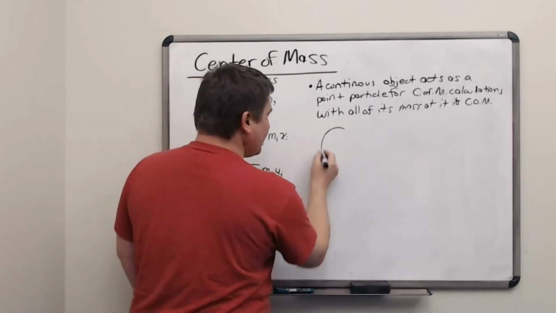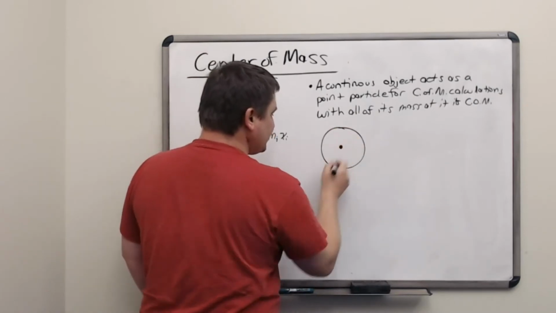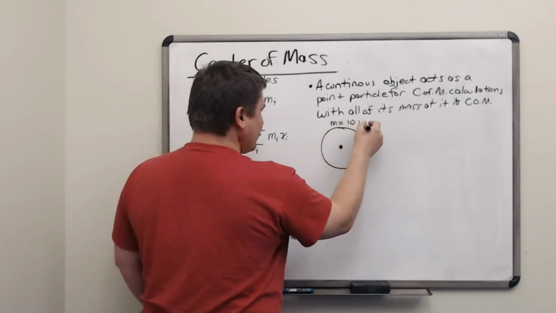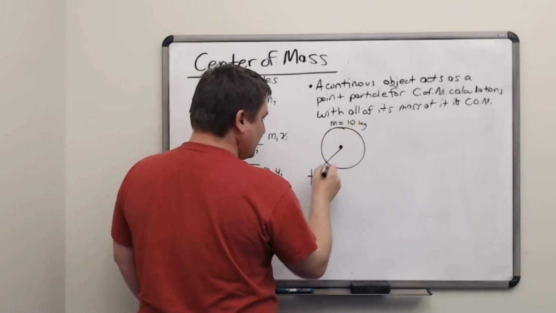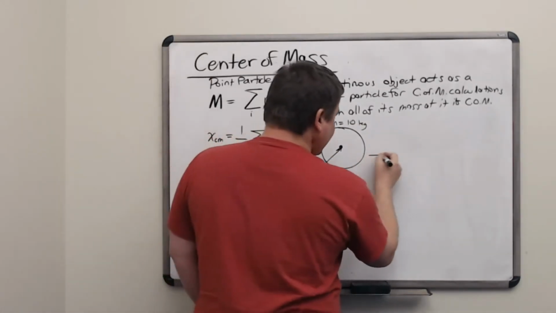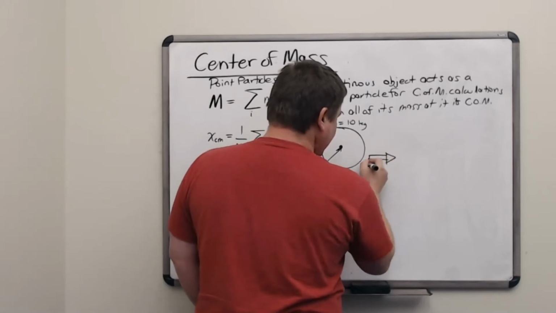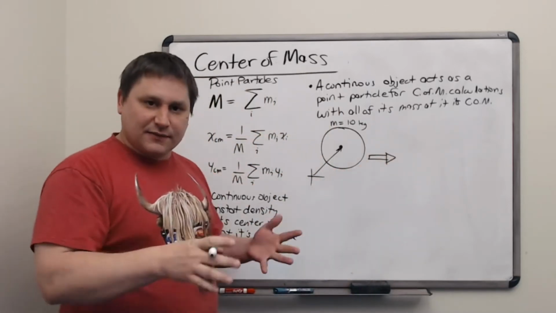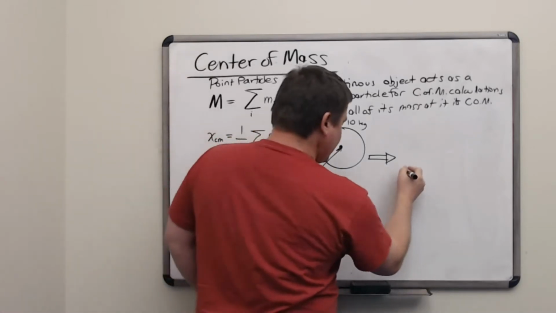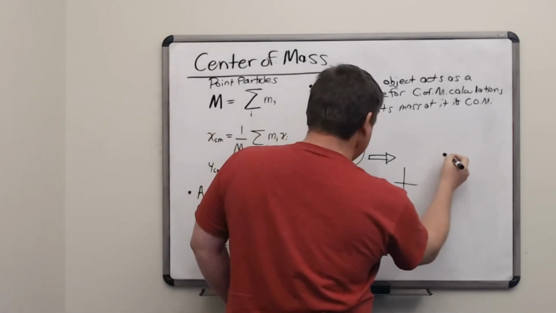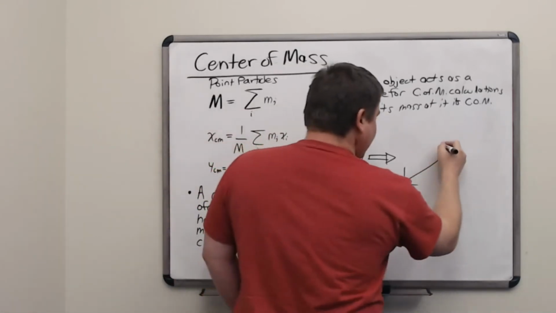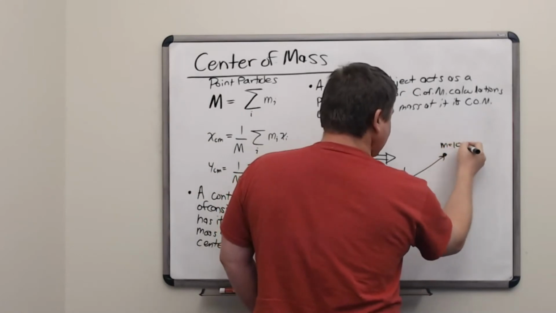So if we have some sort of circle, and the circle has a total mass of, say, 10 kilograms, and we know the coordinates of its center, then for calculating the center of mass, if this circle is just a part of a larger object, we can treat this circle as if there is a point object at its center of mass that holds a total mass of 10 kilograms.